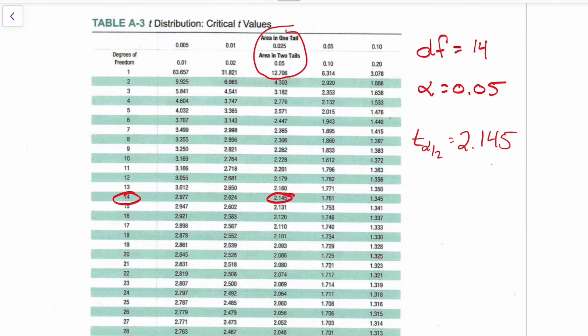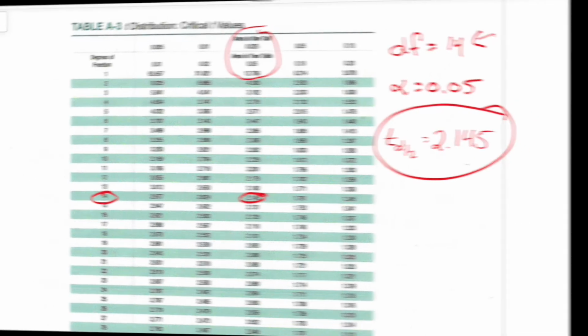Notice this is different than the critical value we computed above because the critical values using the t distribution are completely dependent on the degrees of freedom. This would be the critical value using a degrees of freedom being 14.